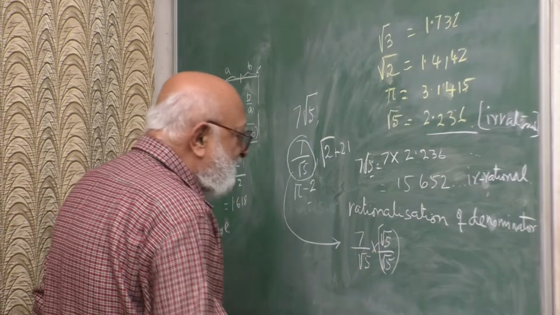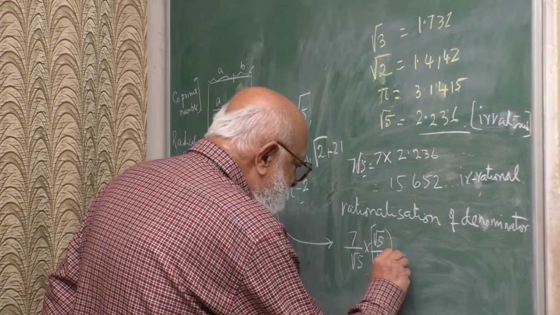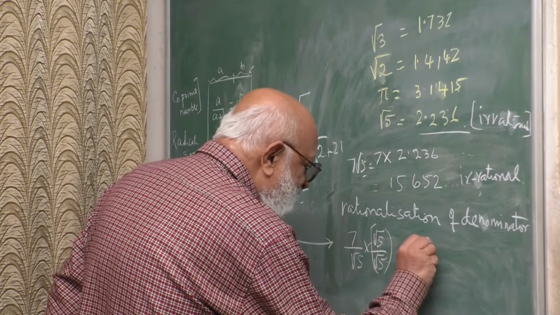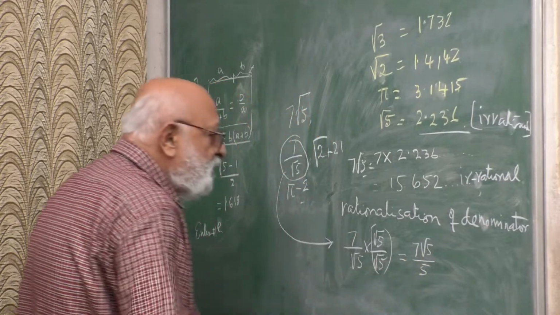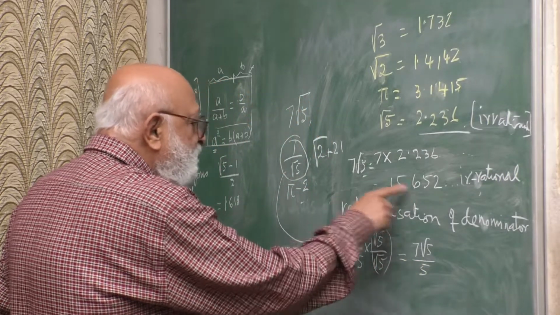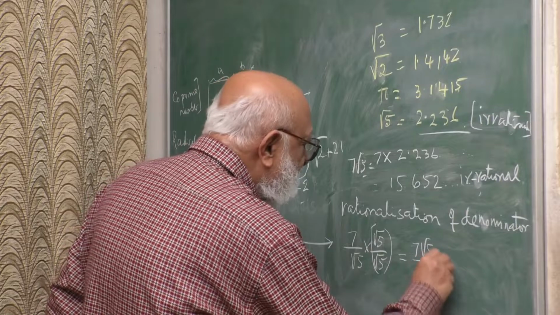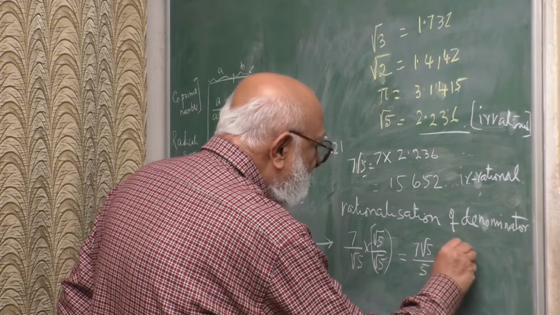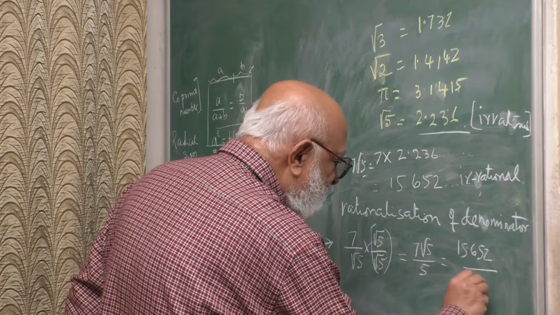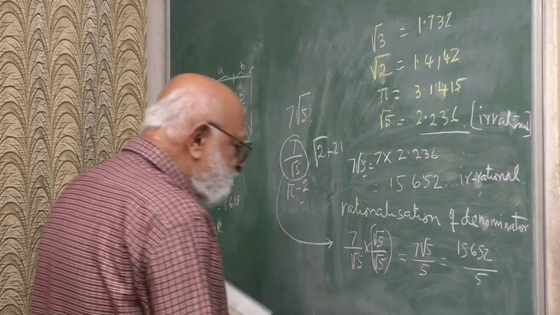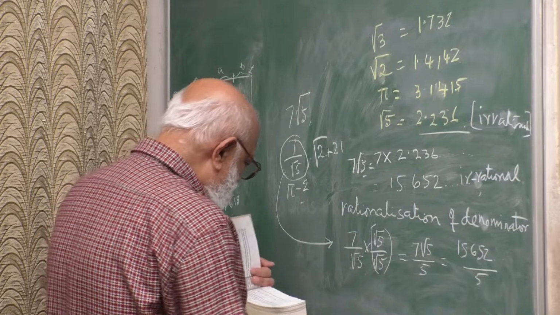So what does it become? It becomes 7 root 5 by 5. We know the value of 7 root 5. I have done it before. So 15.652 divided by 5, right? So that will give me a value as is given.